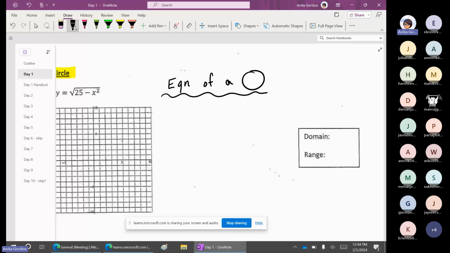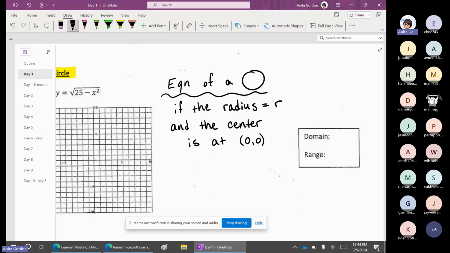Equation of a circle. If the radius equals r, so we can put whatever number we want, but we're just going to call the radius r, and the center is at the point 0, 0.